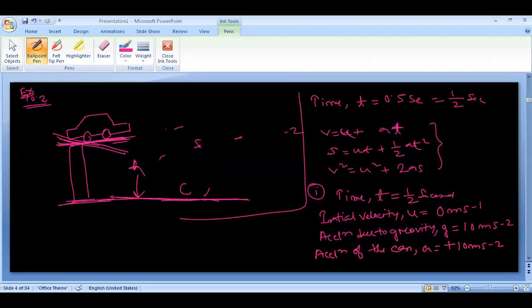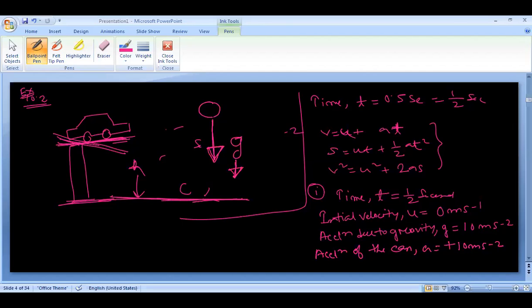Now listen carefully to why I am writing a plus sign here. When a body is moving downward, all of you know that acceleration due to gravity acts downward, yes or no?